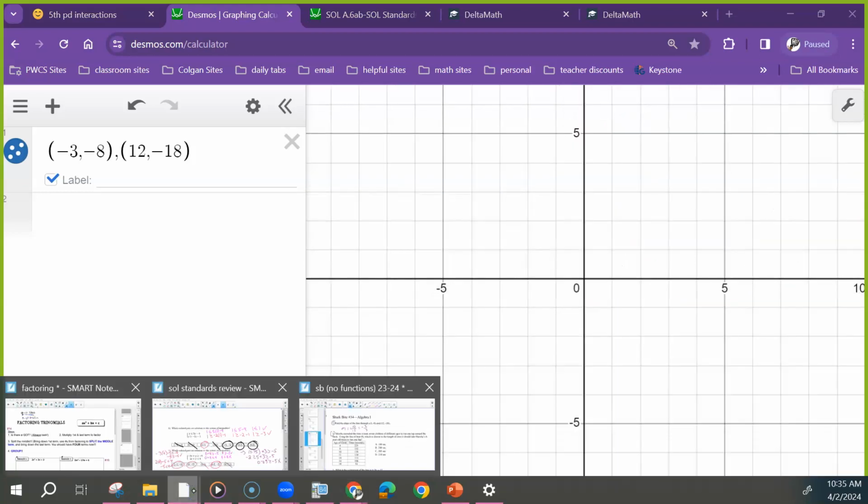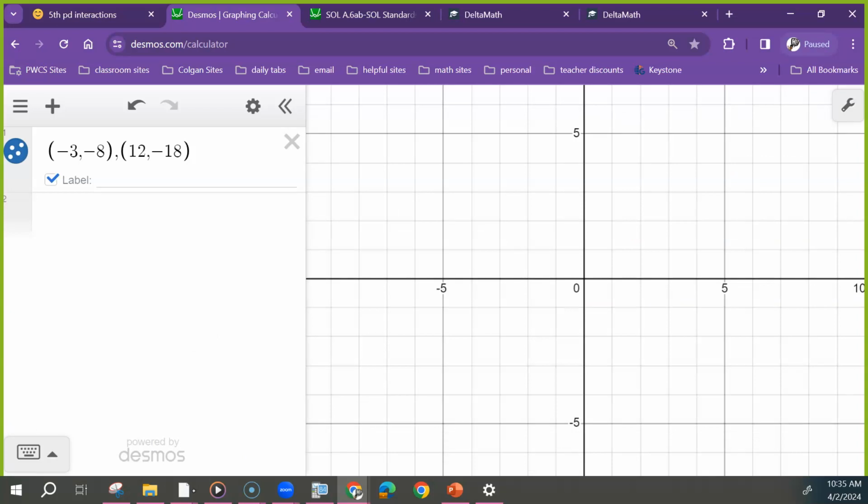And then for number 2, this is a line of best fit problem. So we need to find the line of best fit.